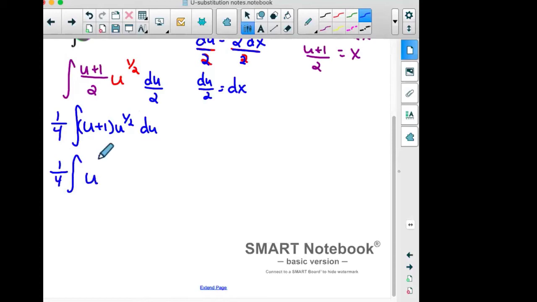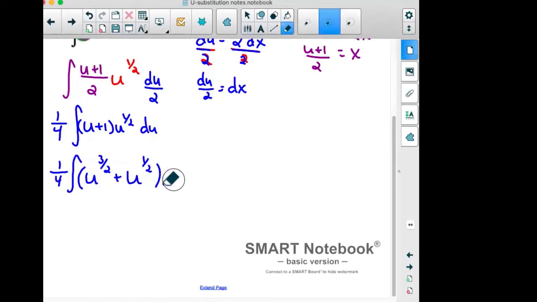So that's u to the 3/2 plus u to 1/2 times 1, which is u to the 1/2 du, because I can integrate a sum or difference. I just can't integrate products. And so now I've fixed it so it follows the rules, the properties of integration that I know, and so I can integrate this.